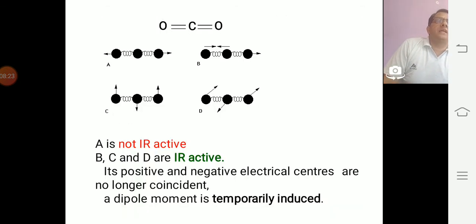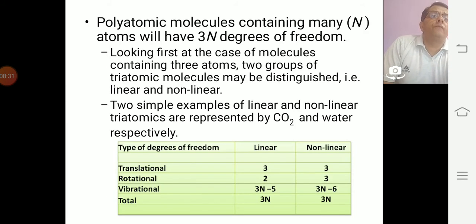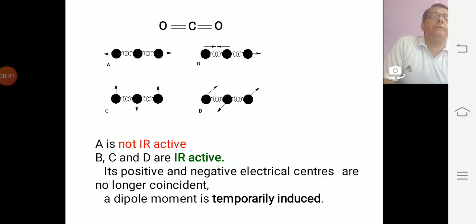Here is the example of CO2, which is linear, so 3N minus 5, that is 9 minus 5, equals 4 vibrational degrees of freedom. And these are A, B, C, and D, the 4 vibrational motions.